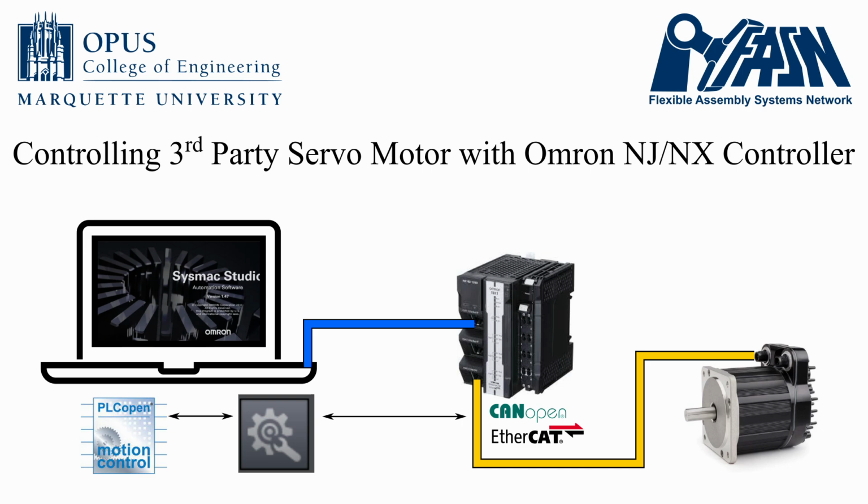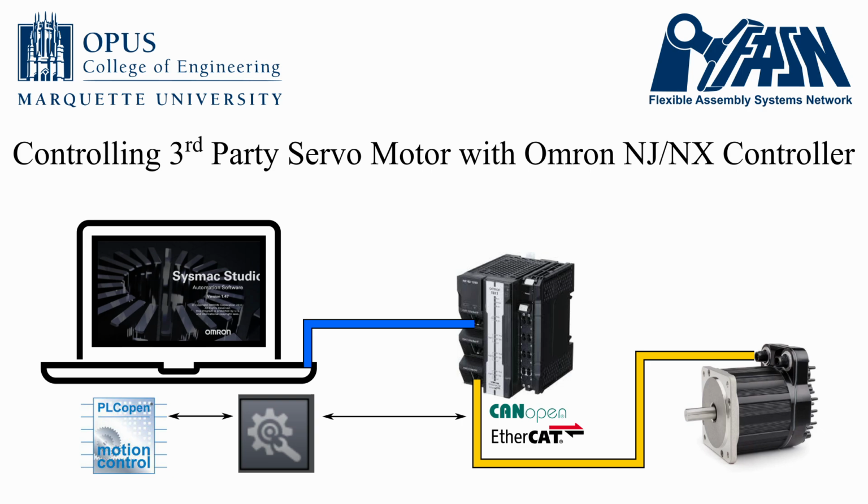CANopen was a popular application layer originally implemented over CAN-based serial networks. CANopen is the most commonly used application layer for EtherCAT servo drives, but there are some servo drives that instead use Servo over EtherCAT. These would not integrate well with Omron controllers. Servo drives using the CANopen application layer have several objects called service data objects, or SDOs, and process data objects, or PDOs.